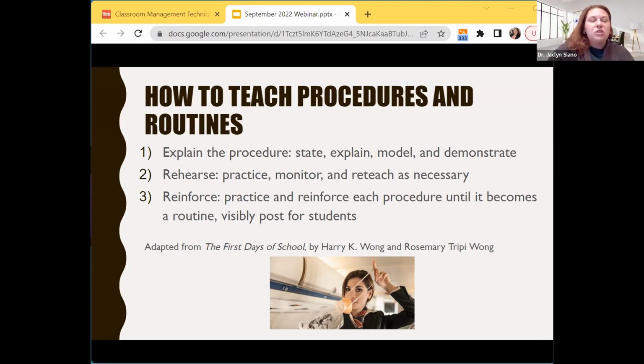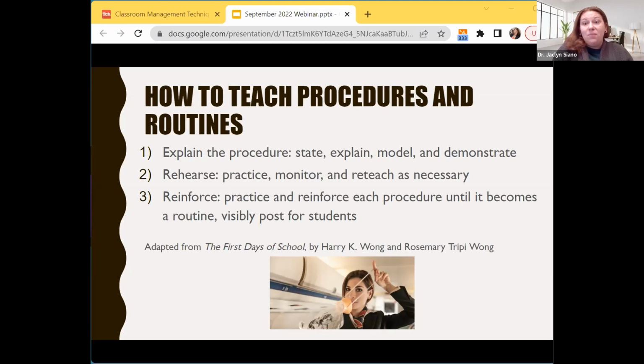So those procedures need to be not only in print and available, whether that's in your syllabus, preferably hanging somewhere in the classroom, maybe in a student contract, they need to happen in the classroom. That means every procedure has to be explained, rehearsed, reinforced. Again, I taught high school and I would make my students practice how to come into the classroom.